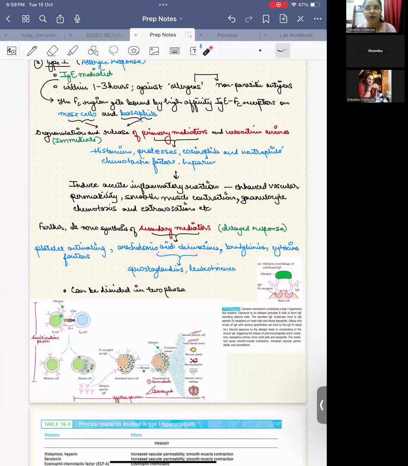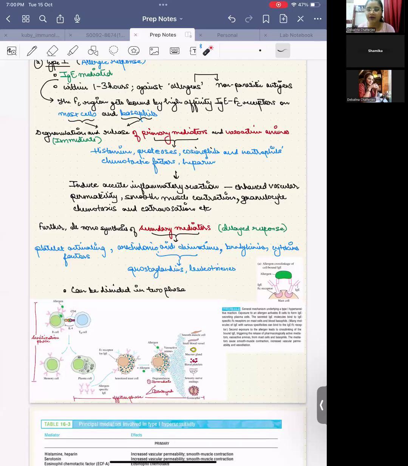Again, these are more potent inflammatory molecules, and they are not initially present, but they get synthesized inside the cells once they receive the stimulus for their synthesis. And what is the stimulus for synthesis? It's nothing but the time of exposure to allergens. So the longer the allergen is present, or if there's a subsequent encounter with the allergens, the secondary mediator release is further heightened, right?